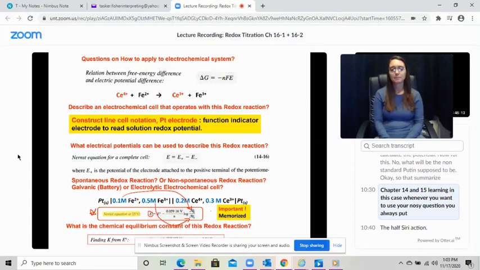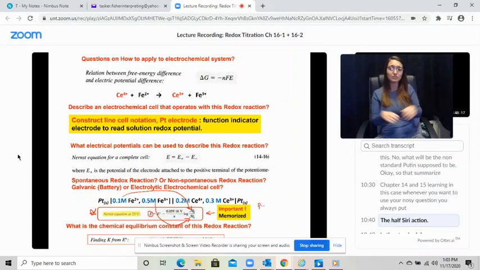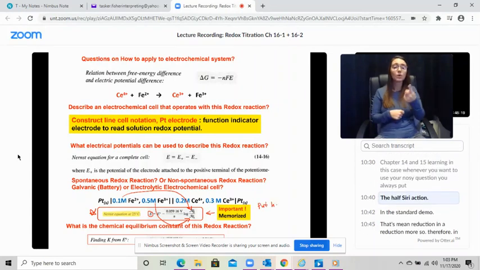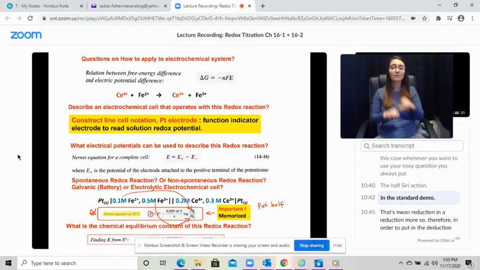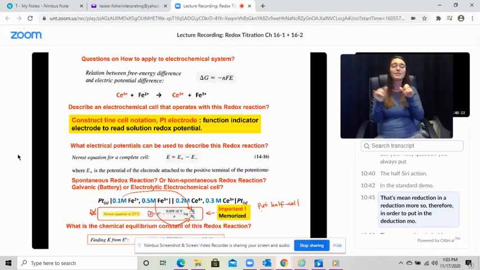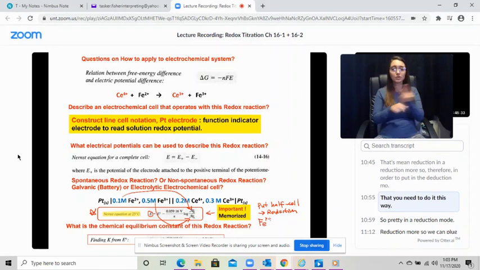Whenever you want to use your Nernst equation, you always put the half-cell reaction in the standard mode. That means the reduction mode. So in order to put it in the reduction mode, you need to do it this way.